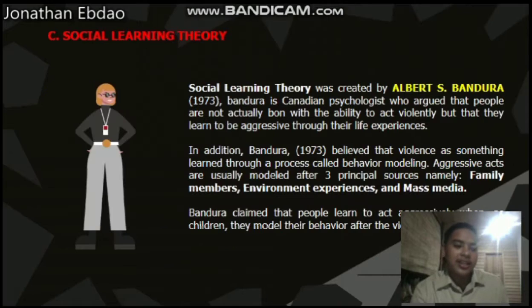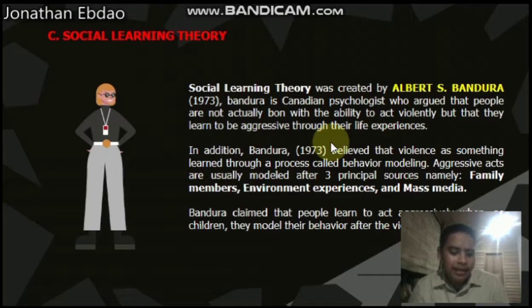The next one is the social learning theory. It was created by Albert Bandura in 1973. Bandura is a Canadian psychologist who argued that people are not actually born with the ability to act violently, but they learn to be aggressive through their life experiences. Social learning is a branch of behavioral theory that is most relevant to the study of criminology.